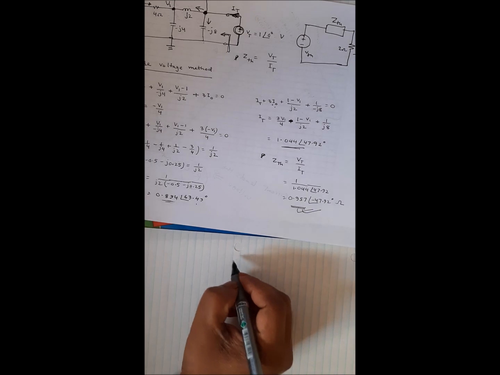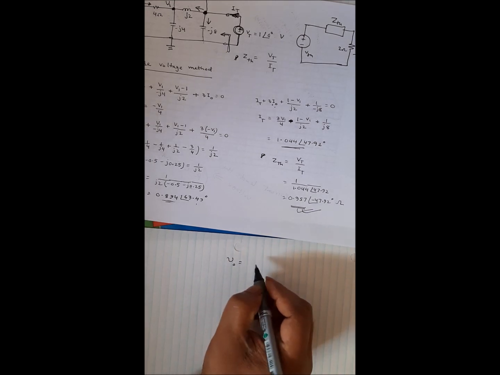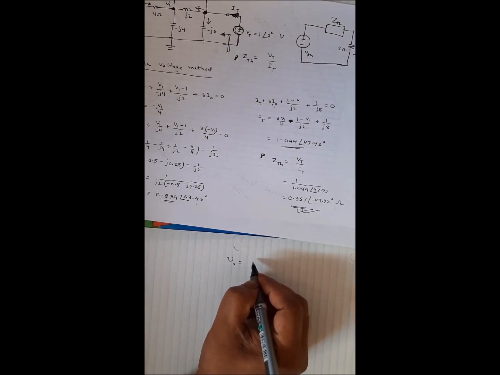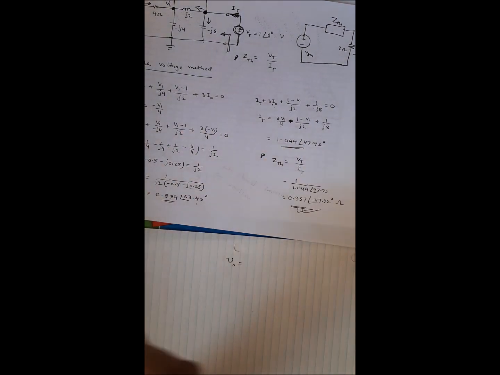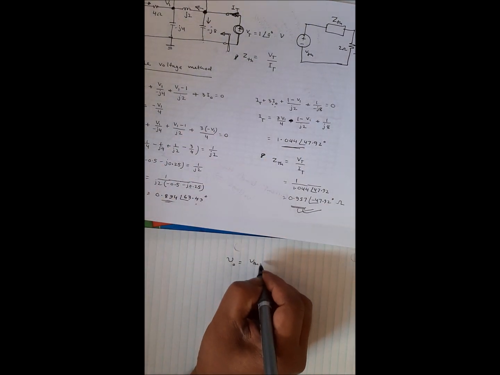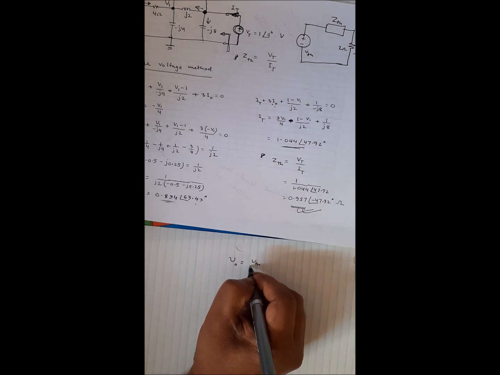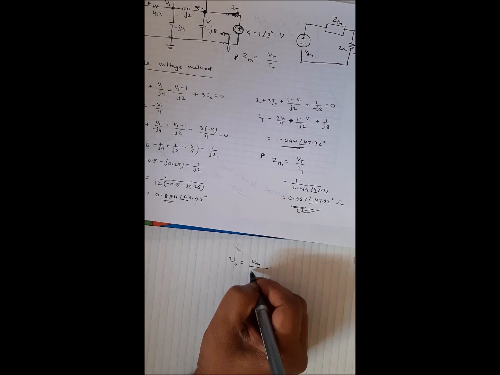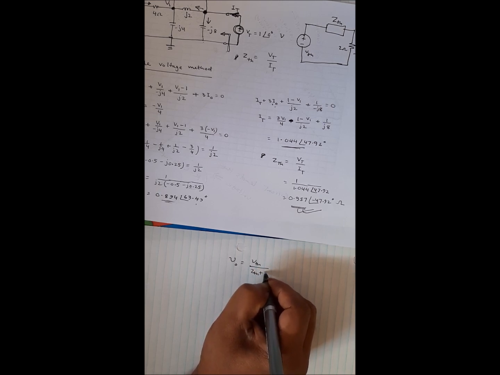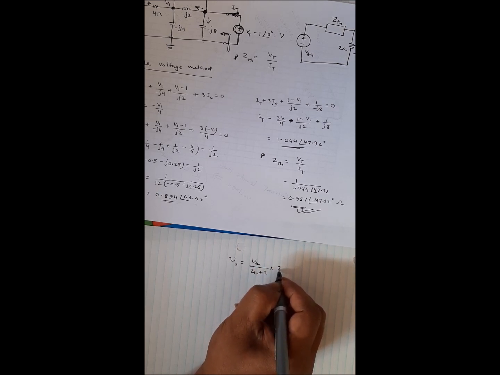Now VO will be V Thevenin over the total impedance Z Thevenin plus 2 times 2.